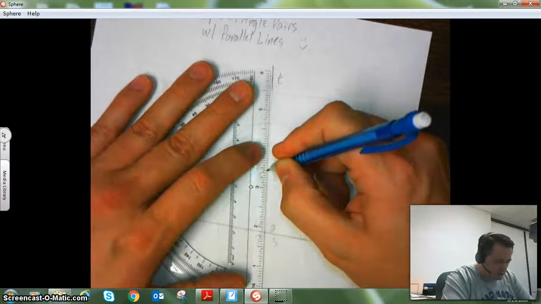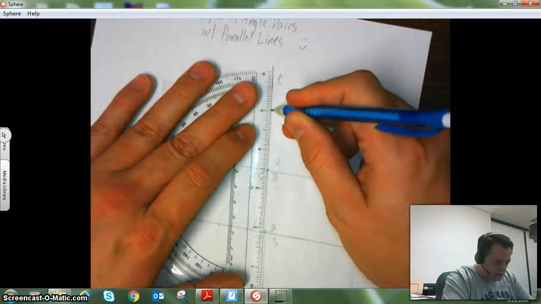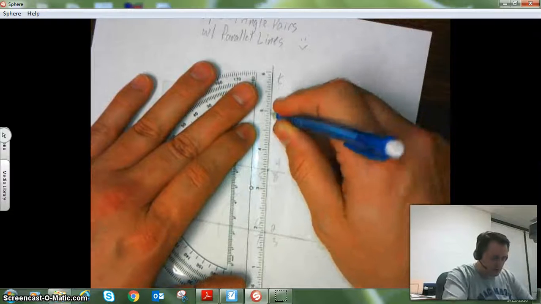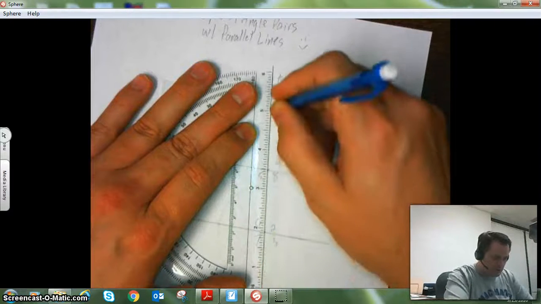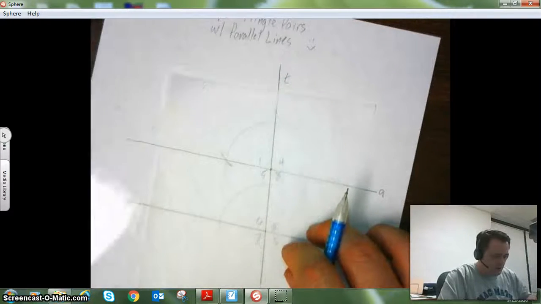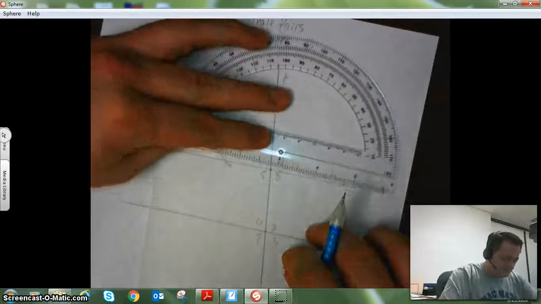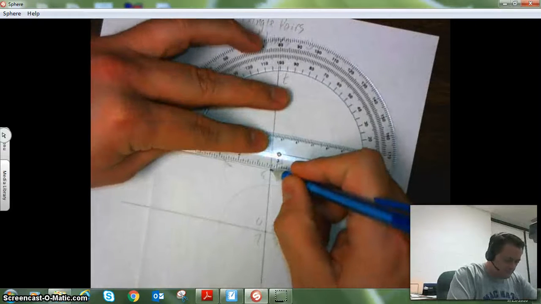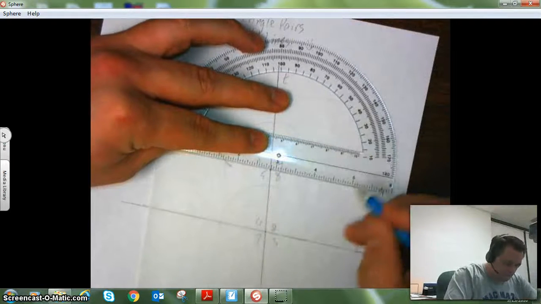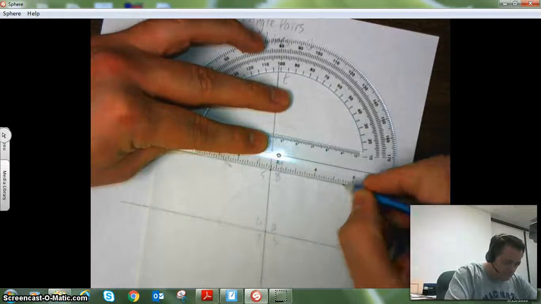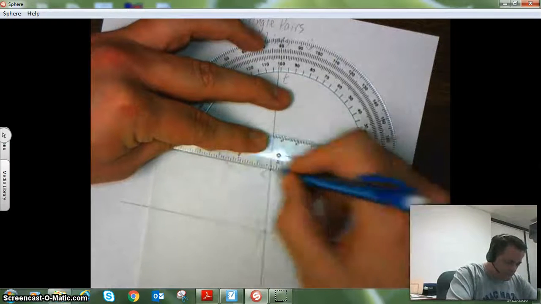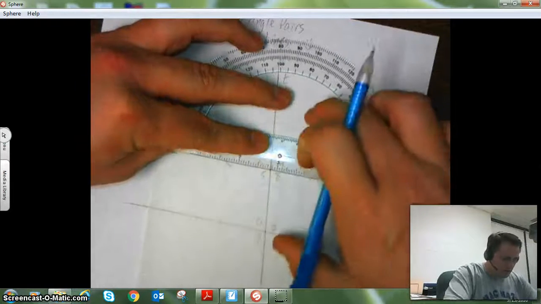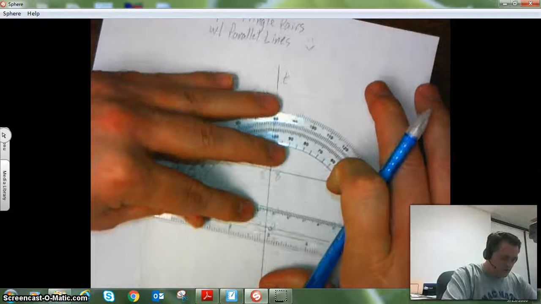So what I'm going to do is simply trace the diagram onto the patty paper. And one more.